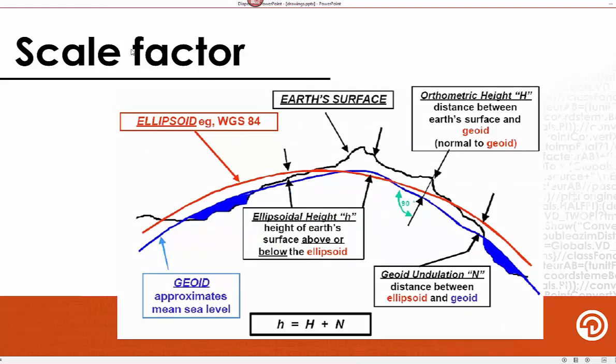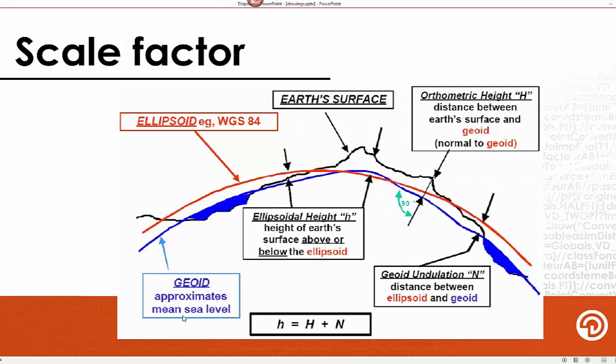This shouldn't say scale factor. I wanted to talk about the altimetric factor. So you have the Earth surface in black in here. This is the real surface. And then in red, you have the ellipsoid, for example, the WGS 84.